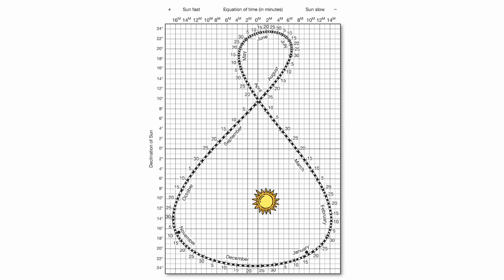From January to February moves. From February to March, we're back at the equator. March to April, we're moving. April to May, not as much. May to June, a little bit. June to July, just a little tiny bit. So over the course of the year, the rate of change of the position of the sun changes, as well as the position of the subsolar point.